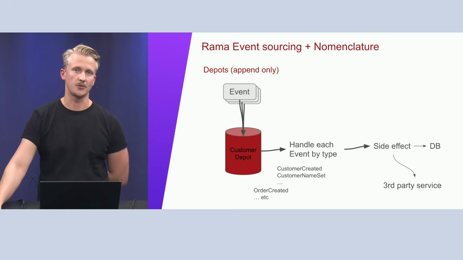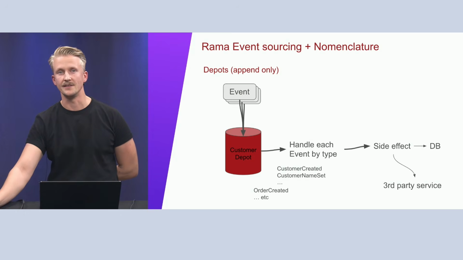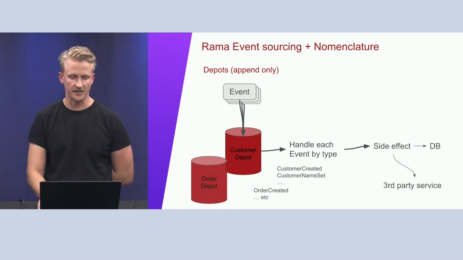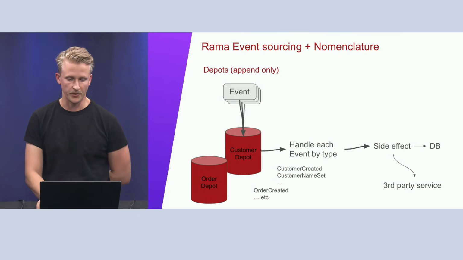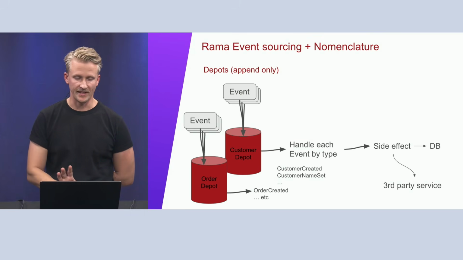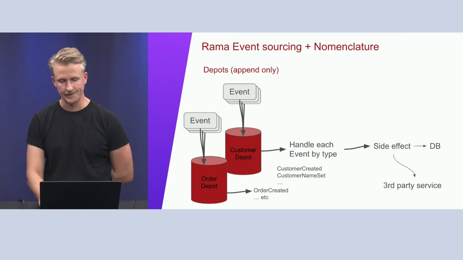So it's not one huge event log. You can create as many depots as you want. So for this example, we used customer and order. You'd probably have a customer depot and an order depot, each getting their events sent to them separately. So we won't mix any order events into the customer depot for obvious reasons.